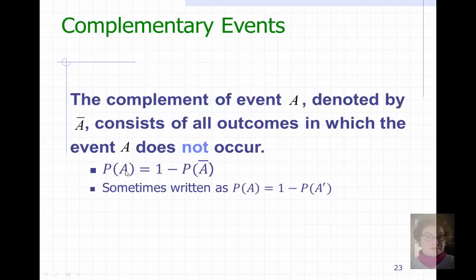The probability that A will occur is 1 minus the probability that A will not occur. Sometimes the complement is written as the letter with a prime behind it. So again, the probability of A is equal to 1 minus the probability of not A.